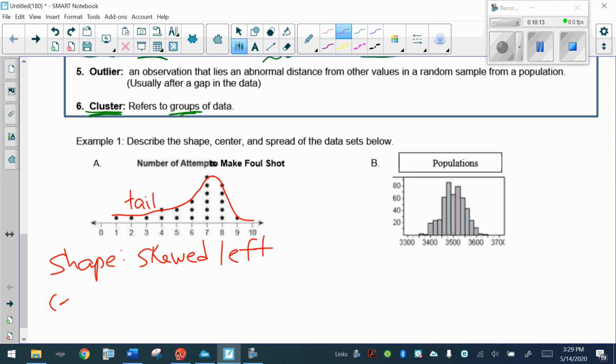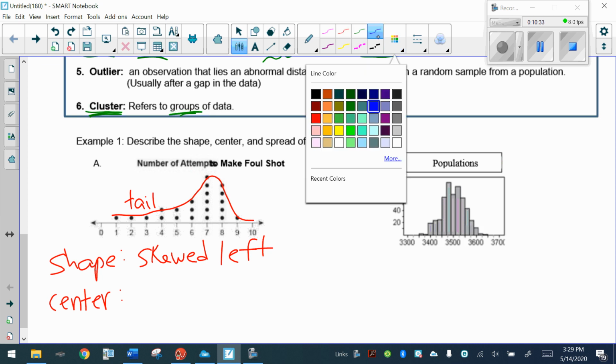Okay, the next thing wants the center. Now I know some of you exact perfectionist types will probably find the exact median, the exact middle number. That might be okay for most of them, but it doesn't have to be exact, just so you know. You're just approximating these things.